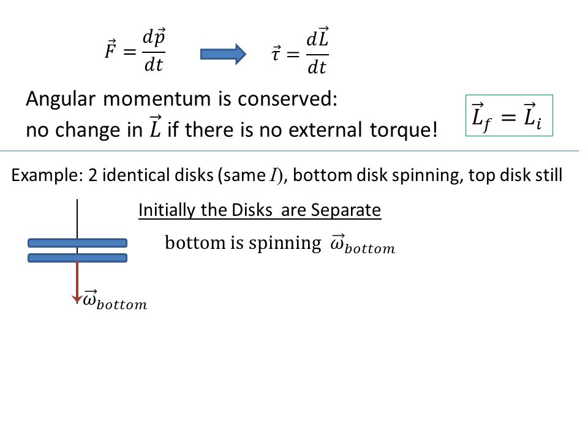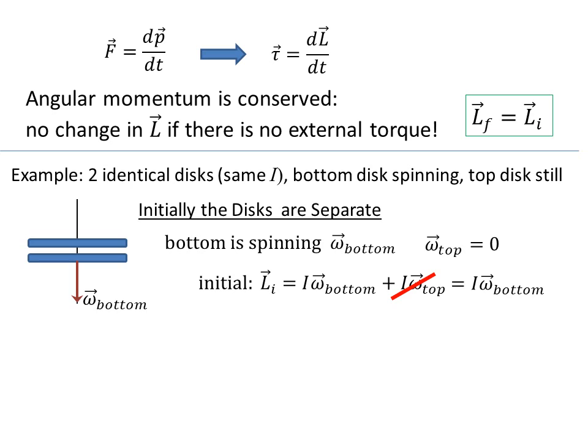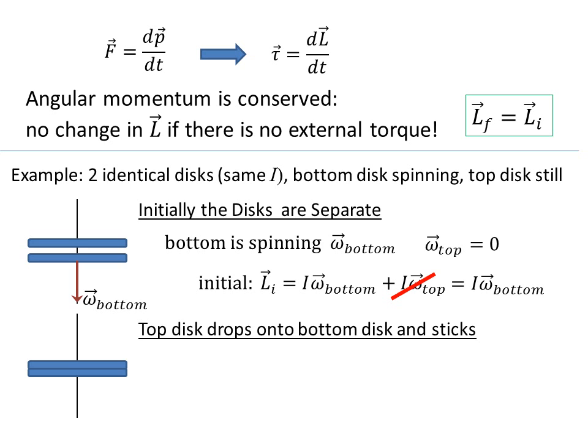But the top is not spinning, so omega top is equal to 0. The initial angular momentum, L sub i, is equal to the moment of inertia times omega sub bottom, plus the moment of inertia times omega sub top. But omega sub top is 0, so the initial angular momentum is just the moment of inertia times omega sub bottom.